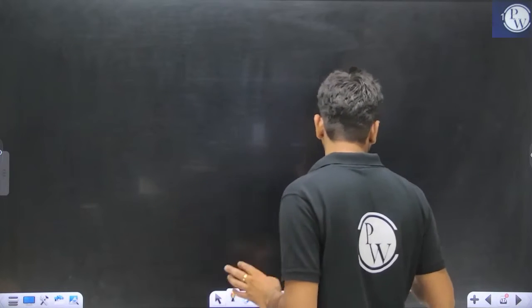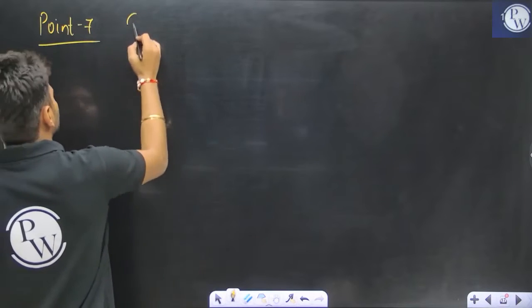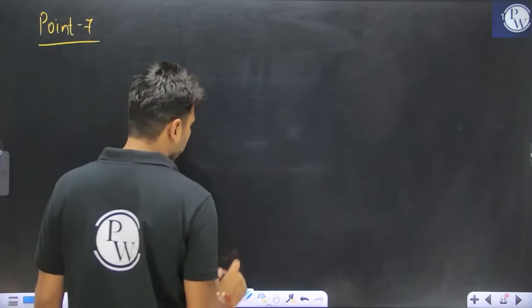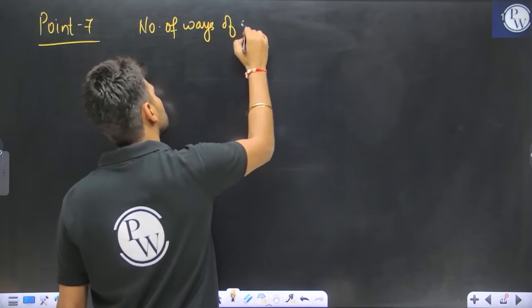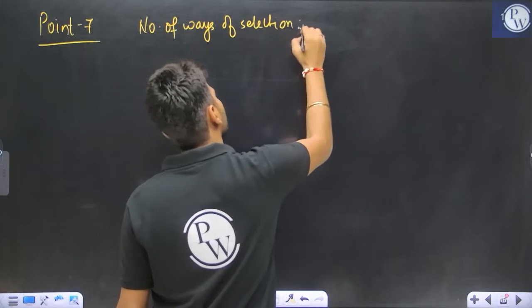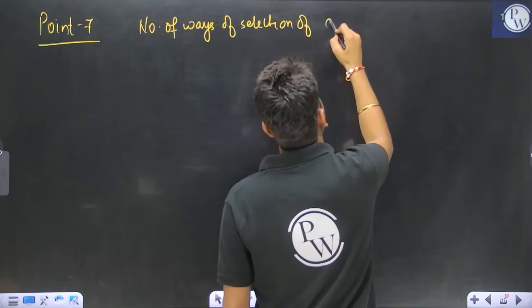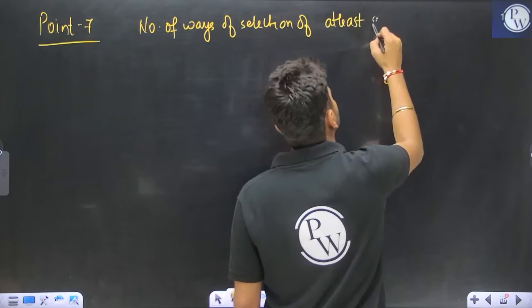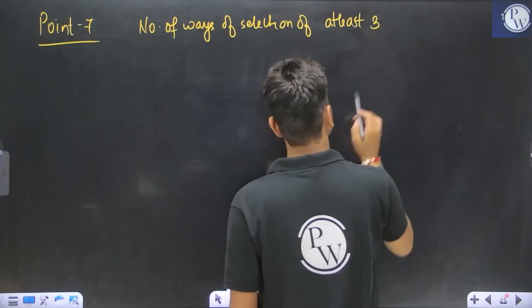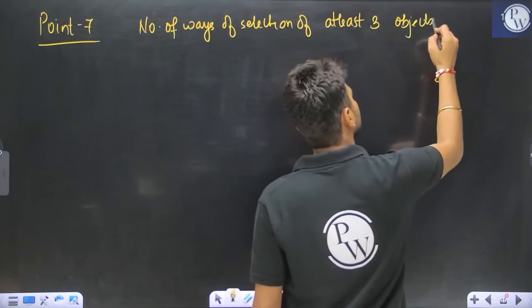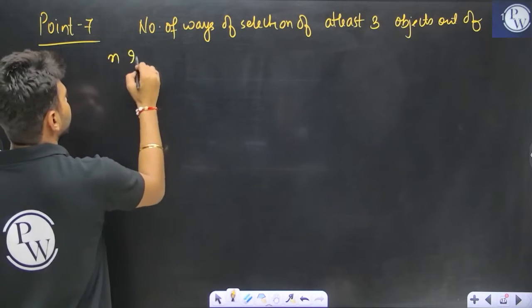Okay, talking about point number 7. Number of ways of selection of at least 3 objects out of n identical objects is.